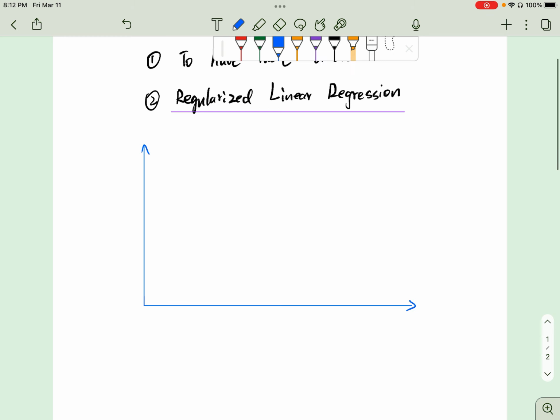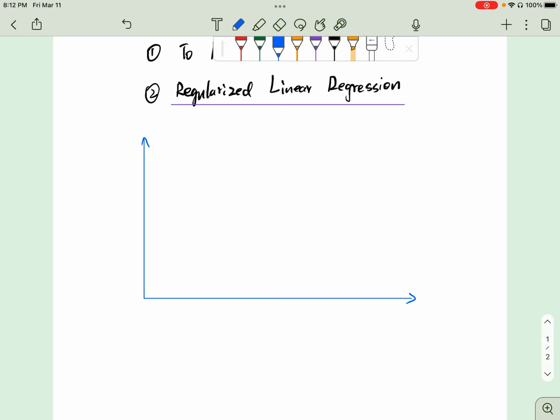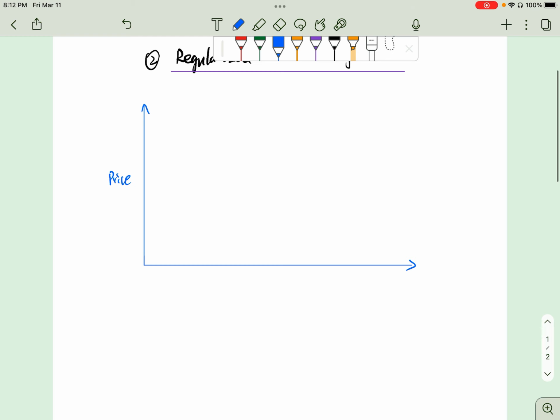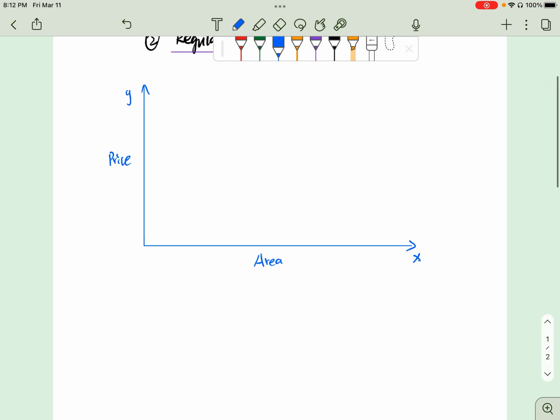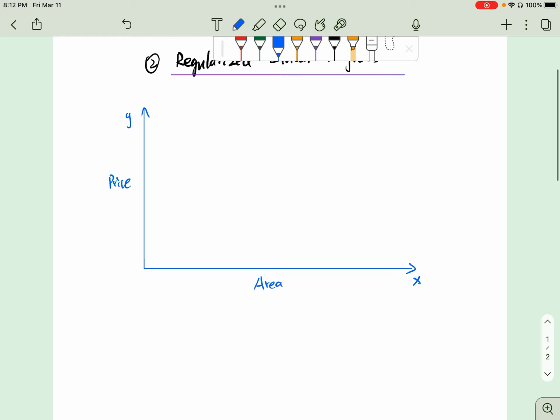Suppose we want to predict the price of a house. I think after you have watched these videos, you will all be very familiar with purchasing houses. You will be an expert on this. If we want to predict the price of the house by the area of the house, the feature would be the area, and the output would be the price.